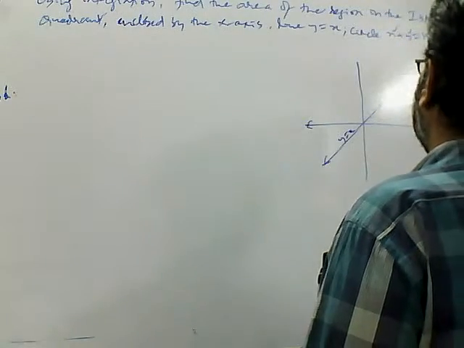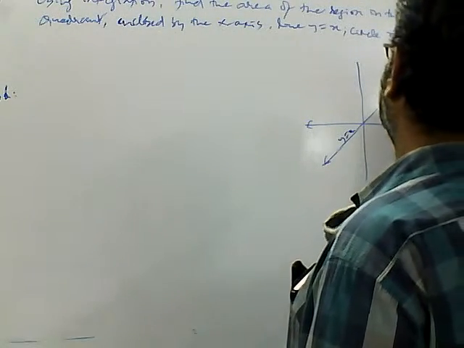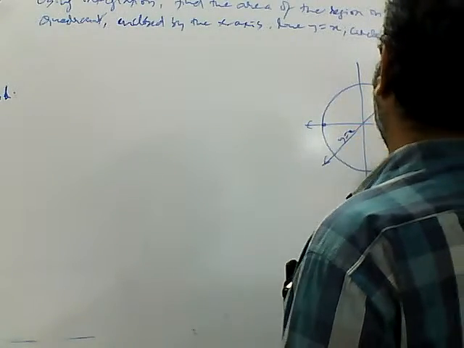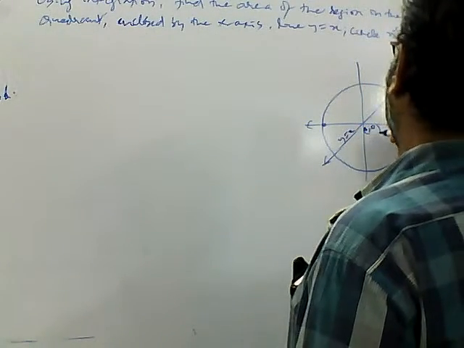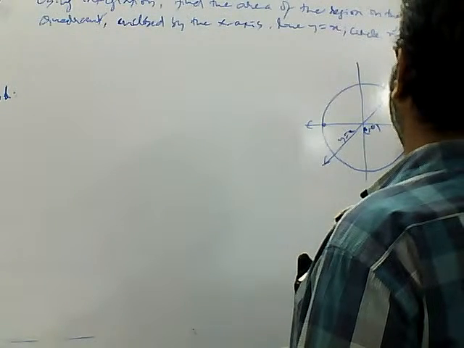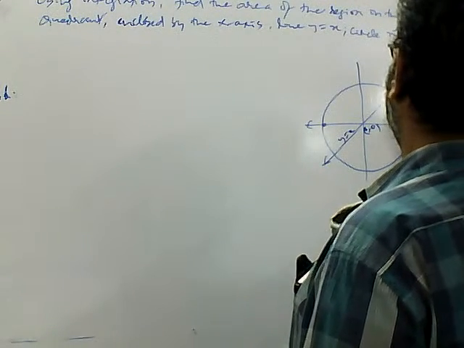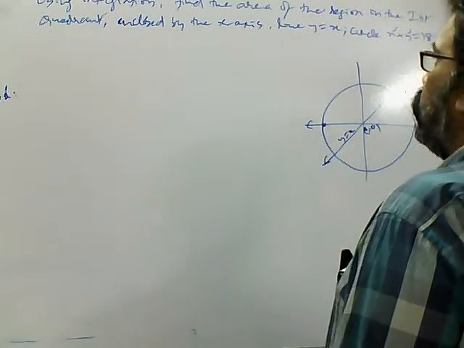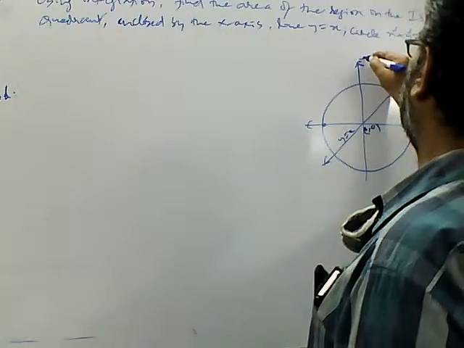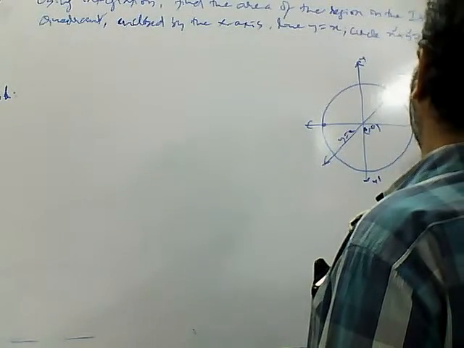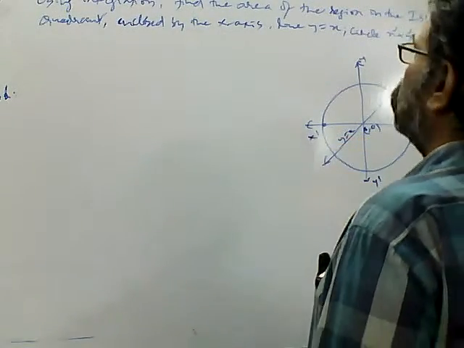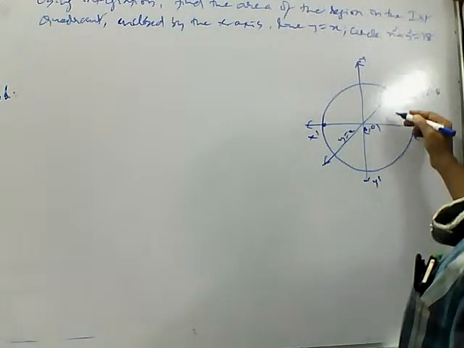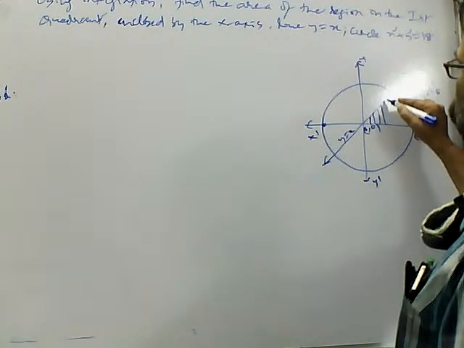X square plus y square is equal to 18 means there is a circle, crossing the axis at 3 root 2, comma 0. So this is y, y dash, x, x dash. Enclosed by the x-axis, the line y equal to x and the circle, this is the region you will get.